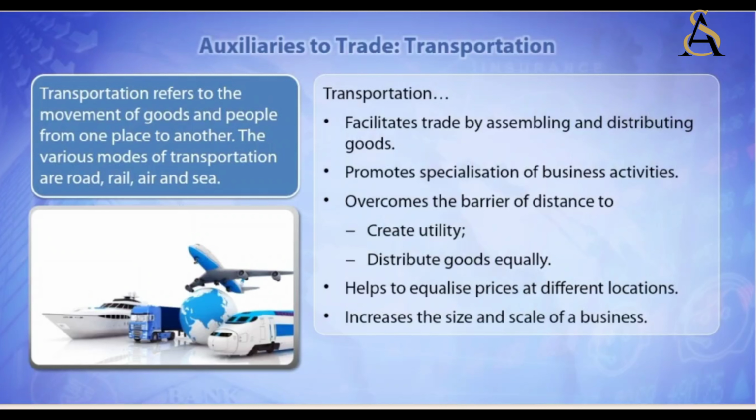It promotes specialization of business activities. It overcomes the barriers of distance to create utility and distribute goods equally. It also helps to equalize prices at different locations. At last, it also increases the size and scale of business.